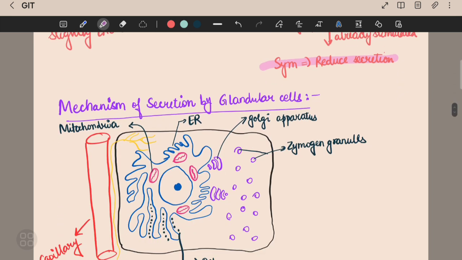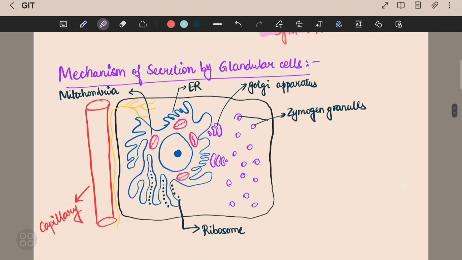Now see, this is a very important mechanism of secretion by the glandular cells. The nutrient material required for formation and secretion first diffuses by active transport. From where will this diffusion take place? From the blood.